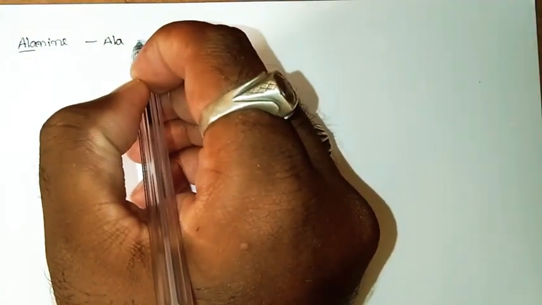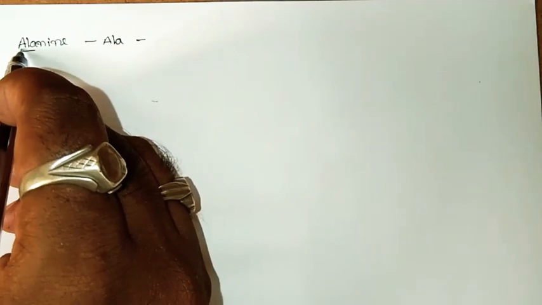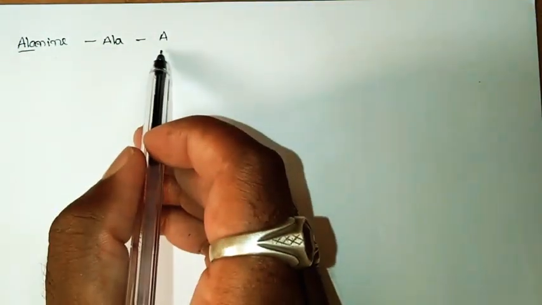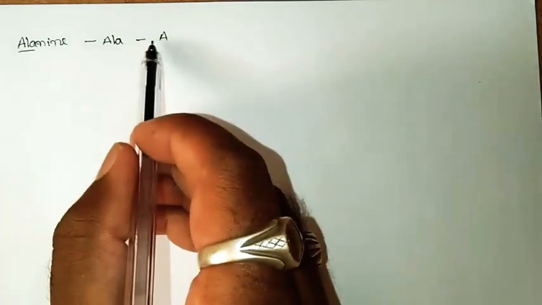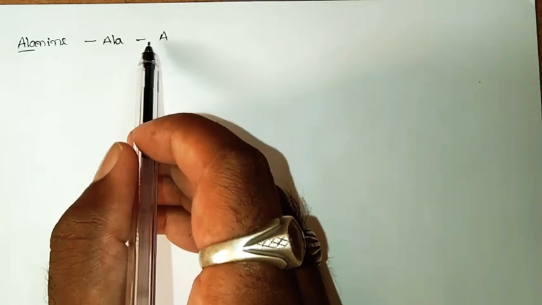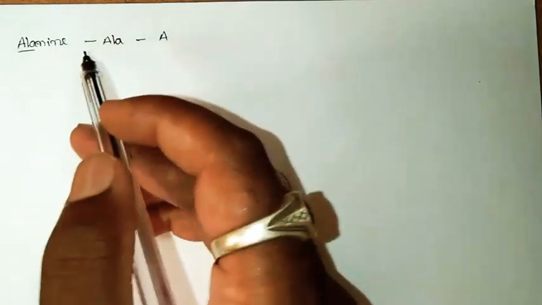But we can also represent alanine with respect to the alphabet. The first letter of alanine is A, so A is the symbol for alanine. Whenever you get the symbol or the alphabet A in an amino acid sequence, that accounts for the presence of alanine.